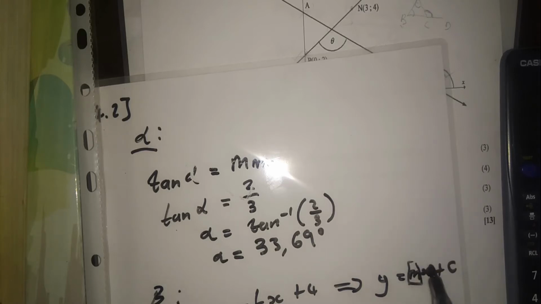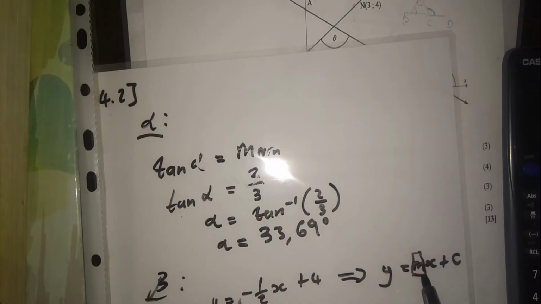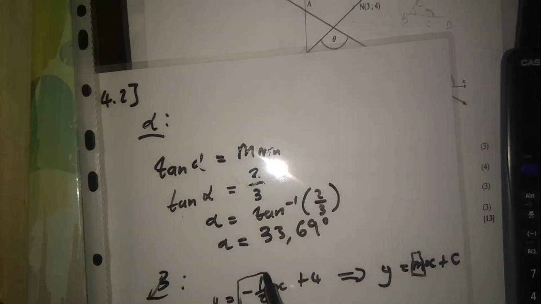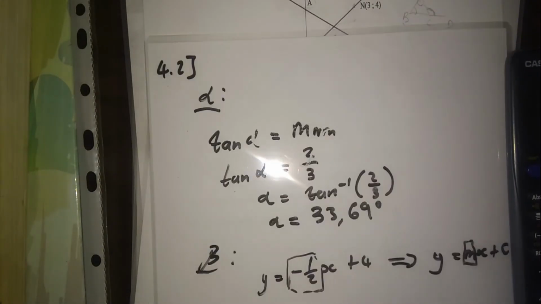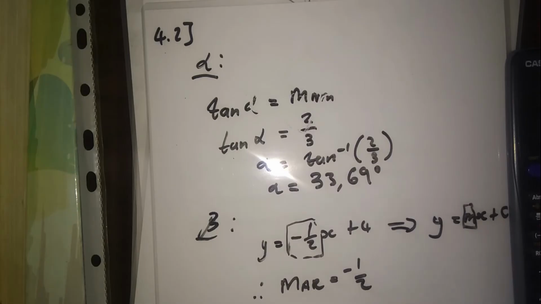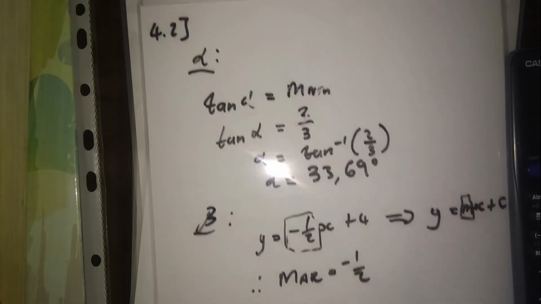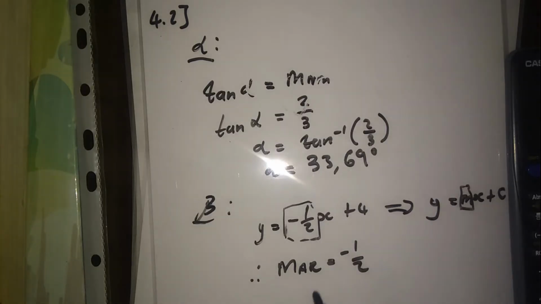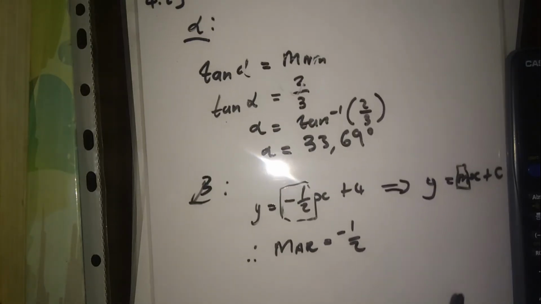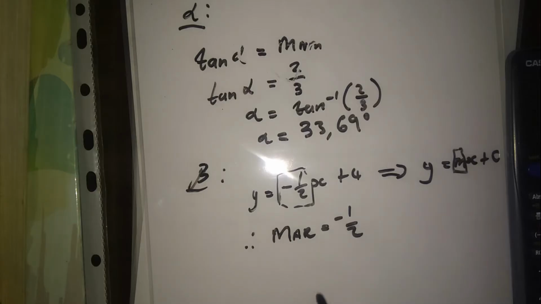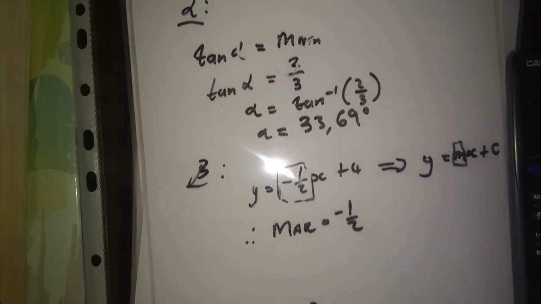So this value, the coefficient of x, actually it's what? It's the gradient of the line AR. So therefore the gradient ga AR is equal to minus 1/2. Therefore, we must qhubeka nayo this thing.